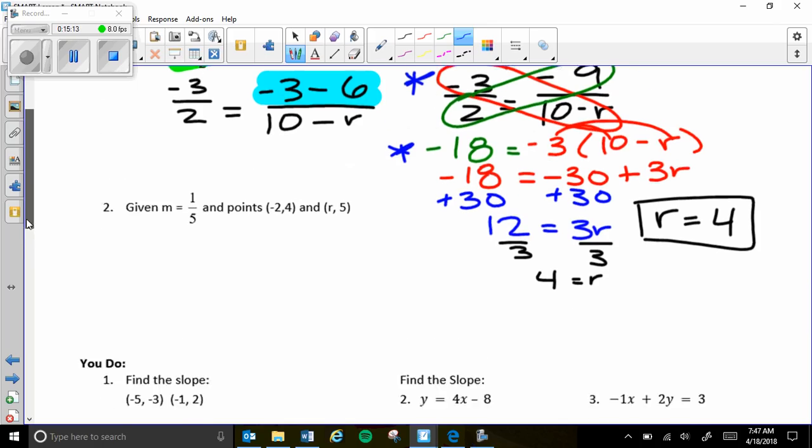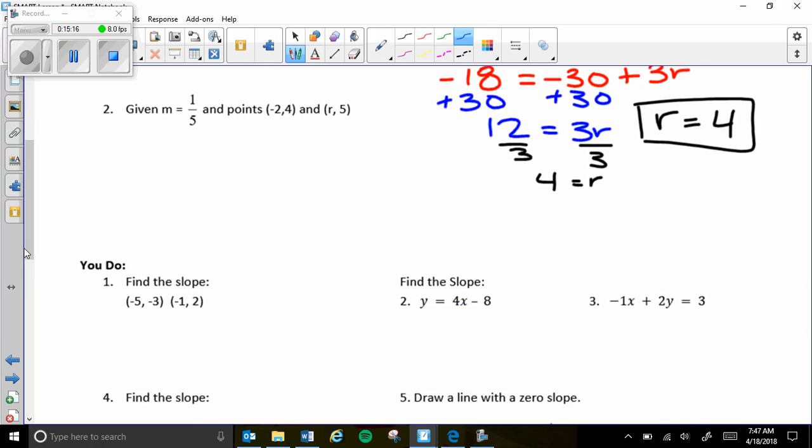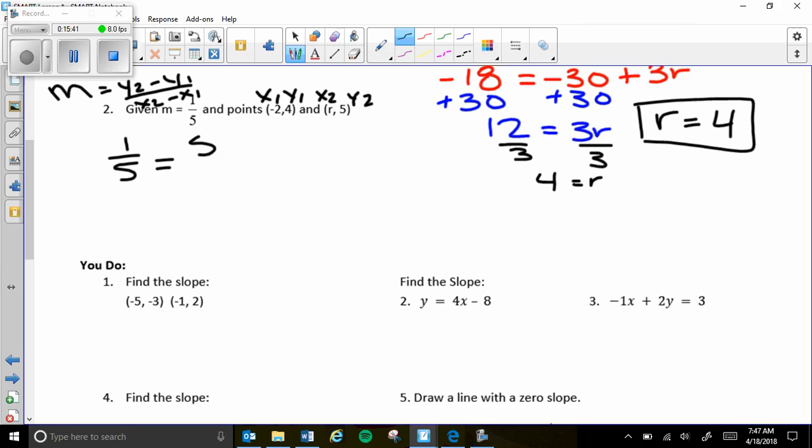All right, we're going to do one more, and then we need to fill out your formula sheet. So again, let's just write the formula here. M equals y2 minus y1 over x2 minus x1. They tell me my slope is 1/5, so that's what I'm going to plug in. 1/5 equals, then I label these x1, y1, x2, y2. y2 is 5 minus y1 is 4 over x2 is r minus x1 is negative 2.